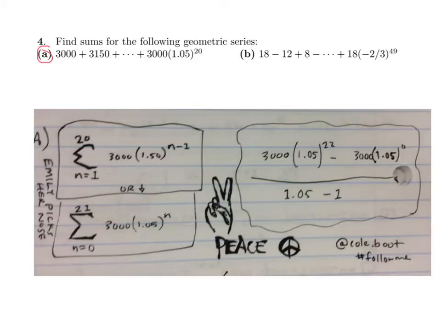Took a while. Okay, so this is page 74, number 4a. So you want to find the sum of the geometric series of 3,000, and then it goes all the way to 3,000 times 1.05 to the 20th. So we know that the multiplier is 1.05, and on this top box right here, Colton accidentally wrote 1.5, but that's wrong.